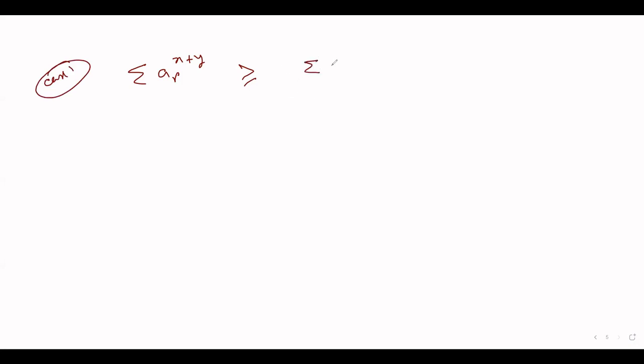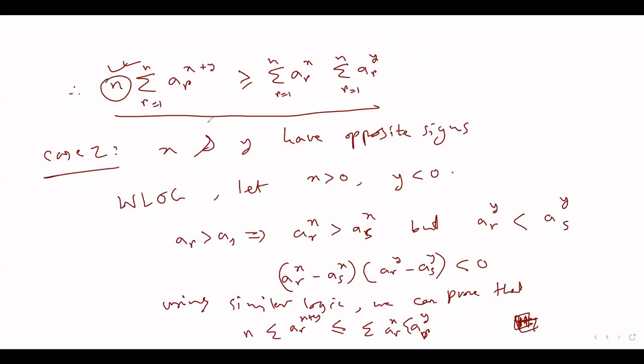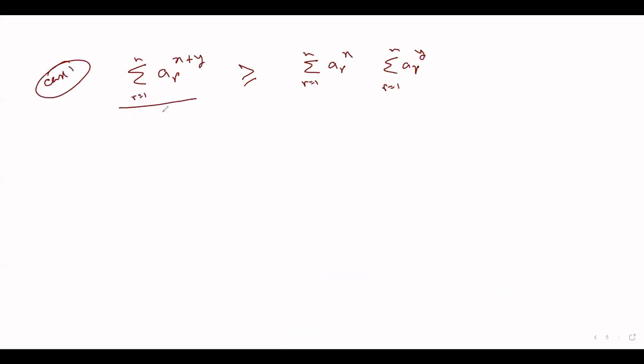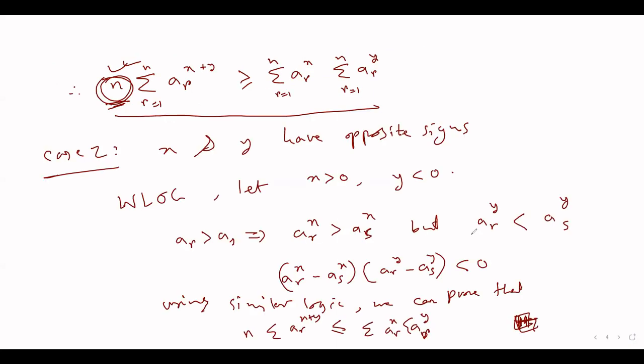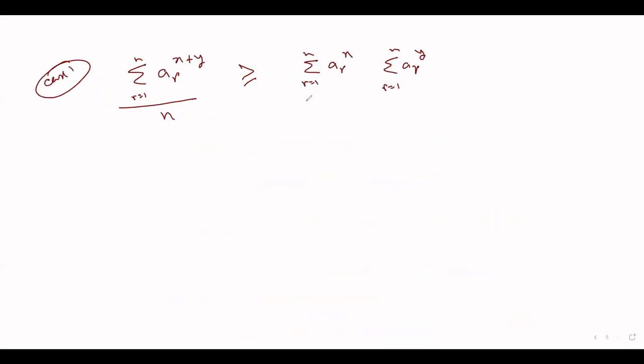So we have the terms AR to the power X, AR to the power Y, R equals 1 up to N each. Now, if I divide by N squared on both sides, one of the N's is going to be cancelled because of this N. The other will remain on the left hand side. So here N, and on the right hand side there is no N to get cancelled, so we have N squared in the denominator. Put one N here and the other N here.